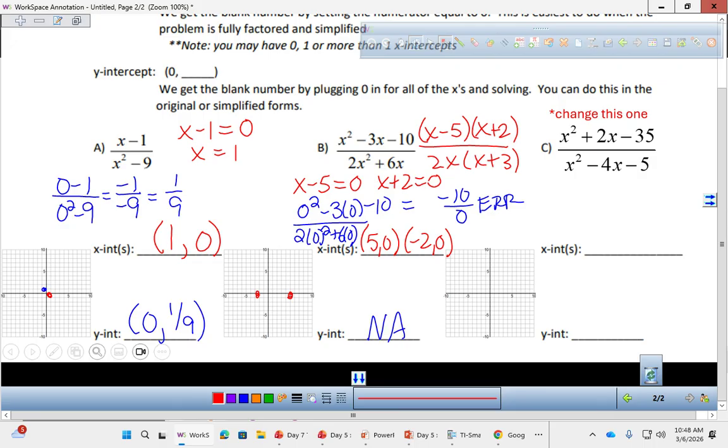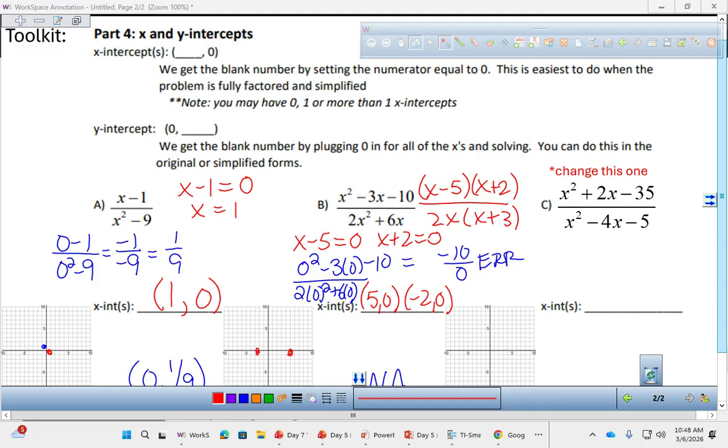So if we factor this, I'm just going to factor it up here. I got x plus 7, x minus 5, over x plus 1, x minus 5. So let's just think about what a hole means. A hole is this imaginary point on the graph, right?